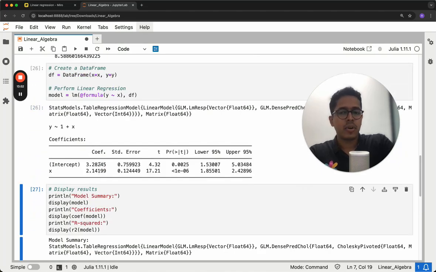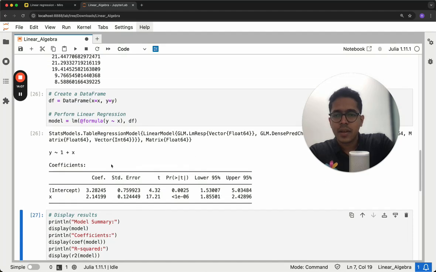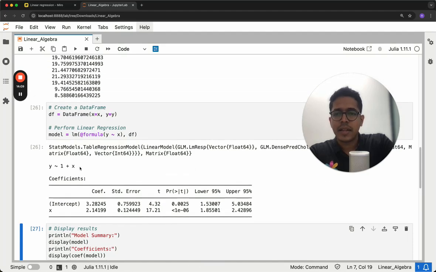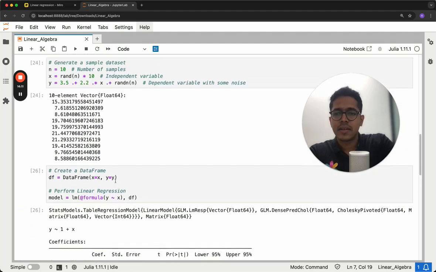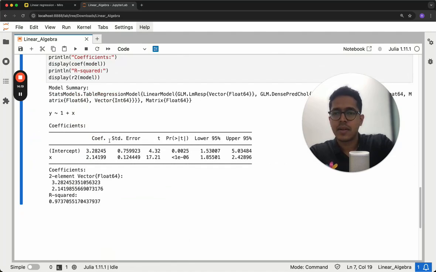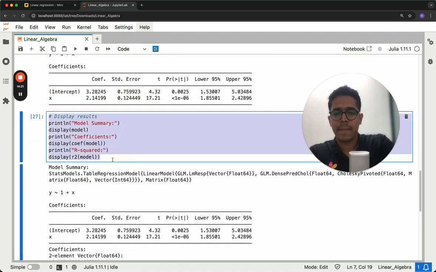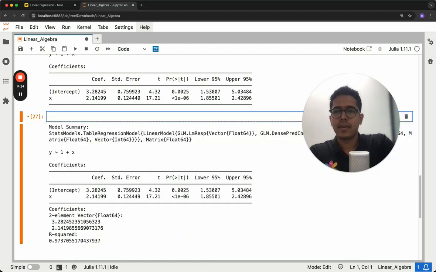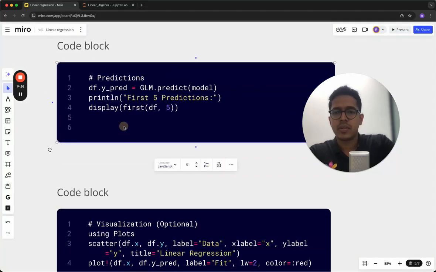So the model summary is the following. The intercept value is 3.28, which should be the Y intercept, with lower 95% and upper 95%. Y is approximately 1 plus X. I just want to plot it to see how this whole thing looks.